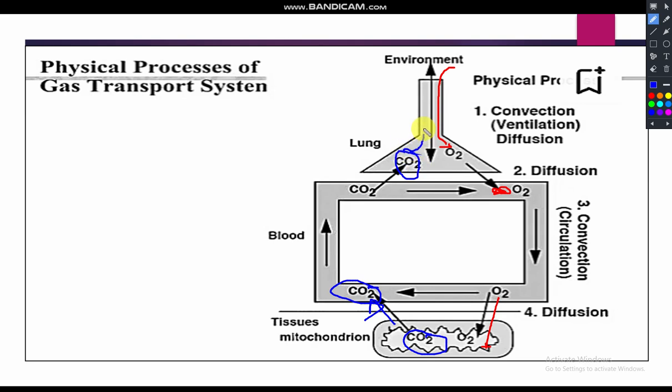This carbon dioxide is exhaled into where? The external environment. So, all of these describes the physical process of respiration, that is gas transport. We are going to look at that later on in this class.